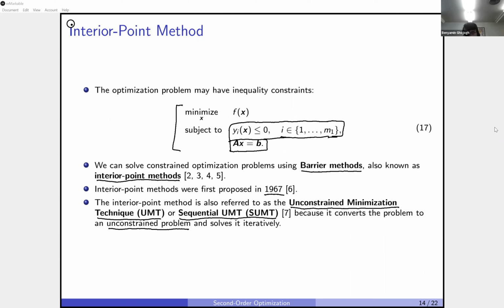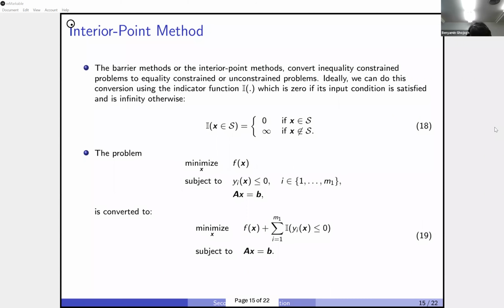That's why they're also called unconstrained minimization technique or sequential unconstrained minimization technique. The idea is this. Again, we are going to use the indicator function. We use the indicator function for converting constrained problems to unconstrained problems a lot in optimization. This is a good technique.